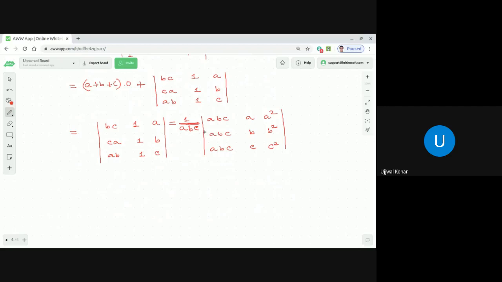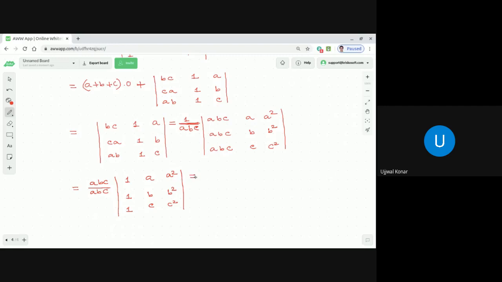So then what we get? I want to take ABC common from the first column. If we take ABC common from the first column, we'll get ABC divided by ABC. Column-wise, if I read: 1, 1, 1, A, B, C, A square, B square, C square.